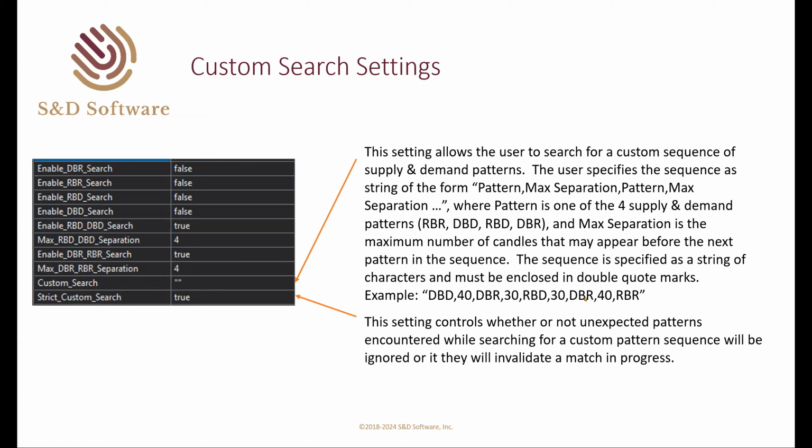So if strict custom search is true, that would break the sequence, and we'd have to start the search again from the point where the sequence was broken.